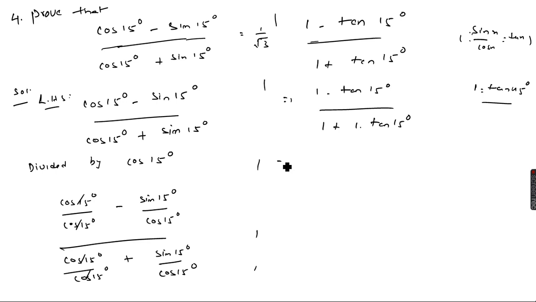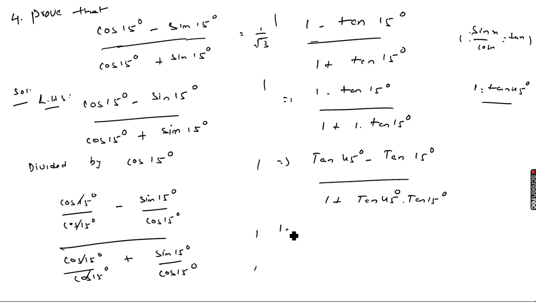So therefore we write it as tan 45 degree minus tan 15 degree by 1 plus tan 45 degree into tan 15 degree. So this is nothing but tan A minus B.